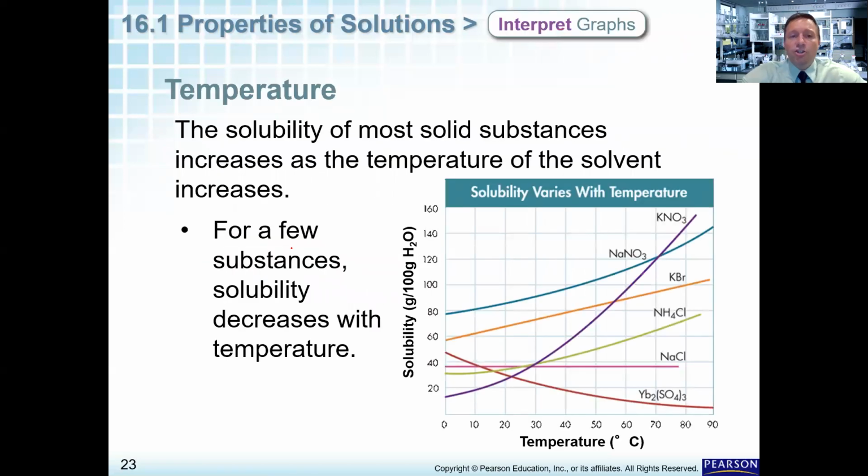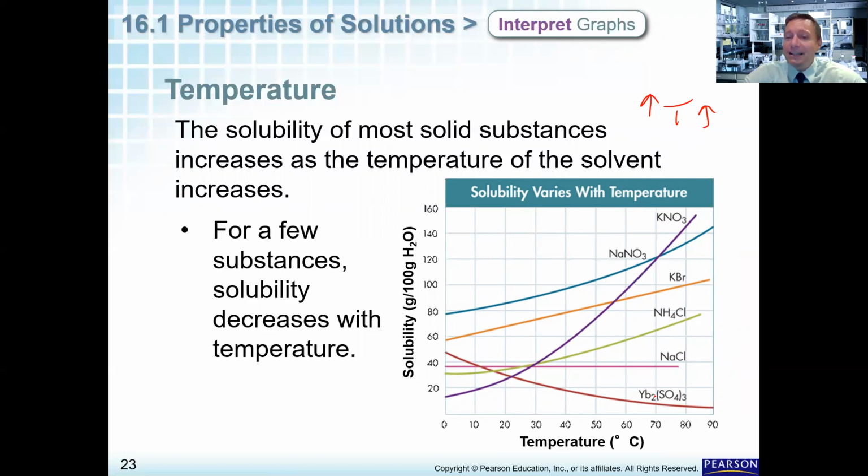So temperature, the solubility of most substances increases. So the solubility goes up as the temperature goes up in most cases. When you look at this graph here, for a few substances, it decreases. So here we have all these common ionic compounds that we are aware of. And then we have here cerium sulfate.